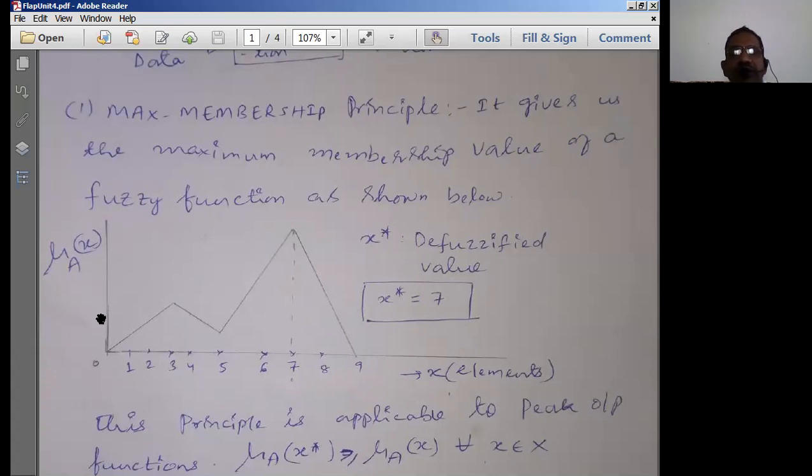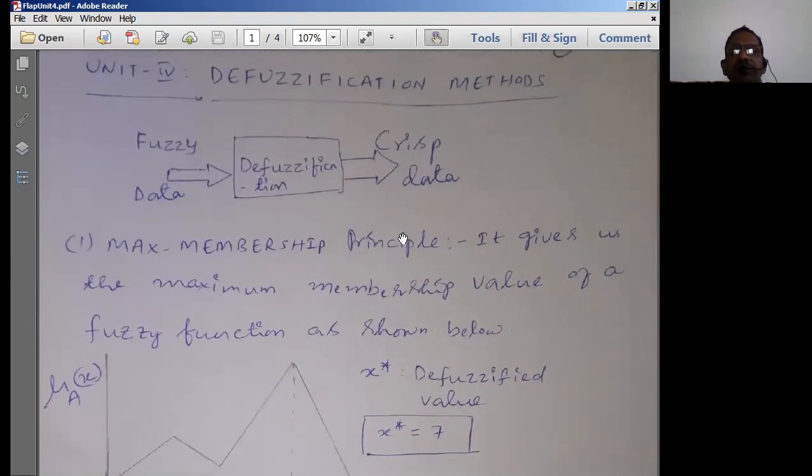In the classical set, we only represent the values of the set, but in the fuzzy set, apart from the values, we also have the membership functions. This entire thing, inclusive of mu a of x and x, is the fuzzy set representation for us. We want to convert this entire fuzzy set into crisp data.